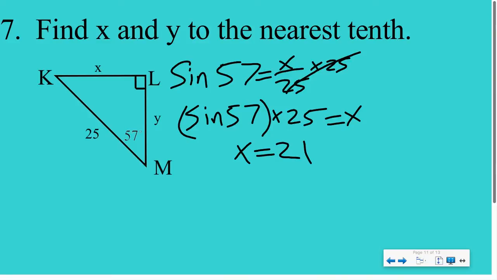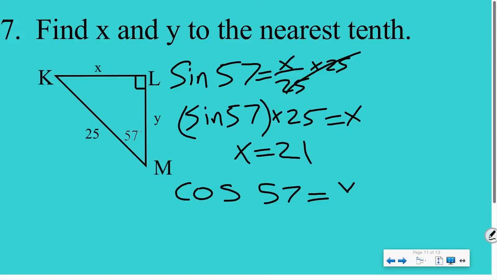I feel like that's way more work than you showed on your paper. You show all that on your paper? No. Alright. Good job. That's all you have to do. That's all I expect. So you get Y since you got X. As she's working on this, what would the other acute angle be?